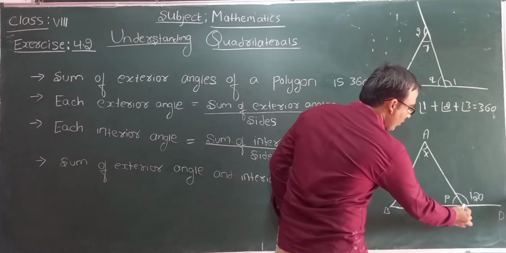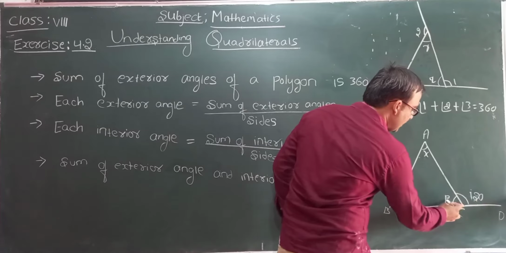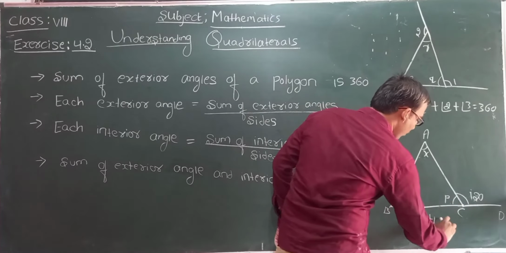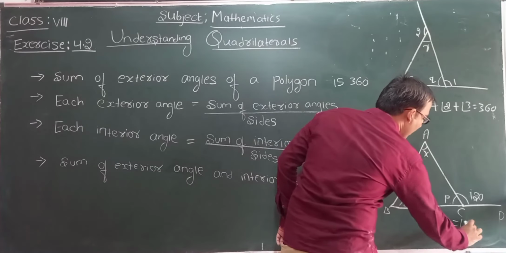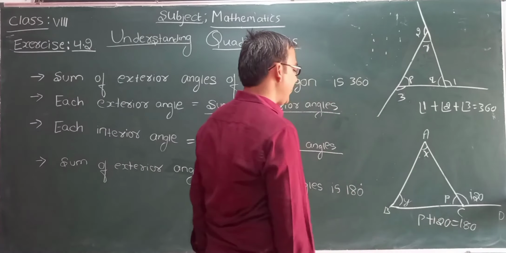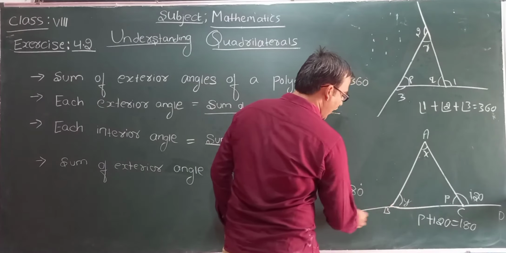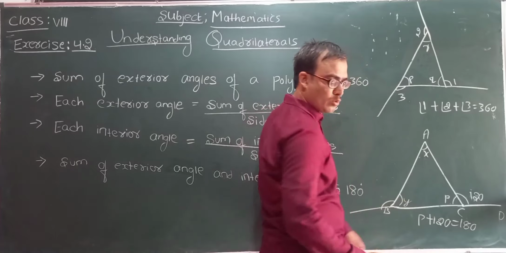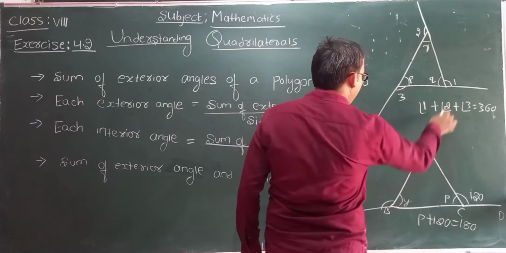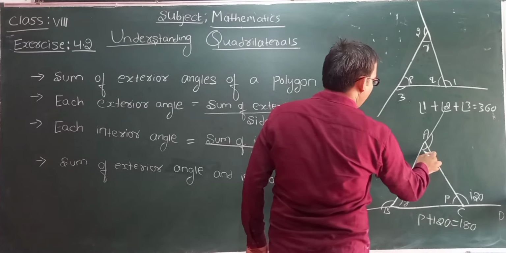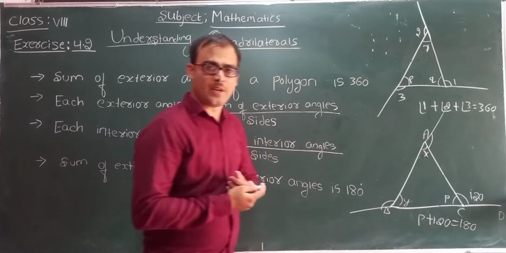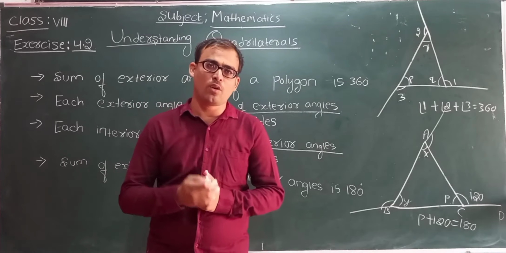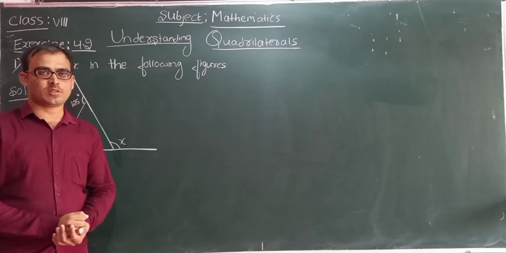So P plus 120 must be equal to 180 degrees. At any point, if you draw an exterior angle, the sum of this angle and this angle must be 180 degrees. Students, now let us solve the first question.